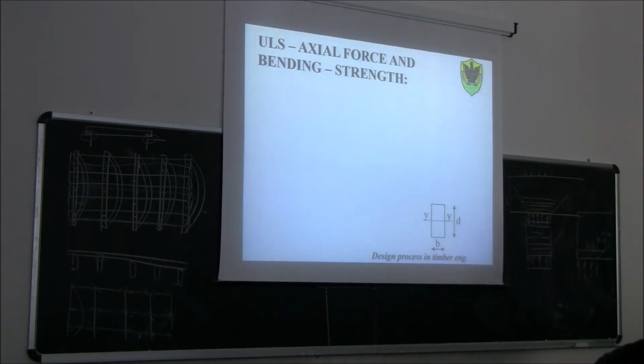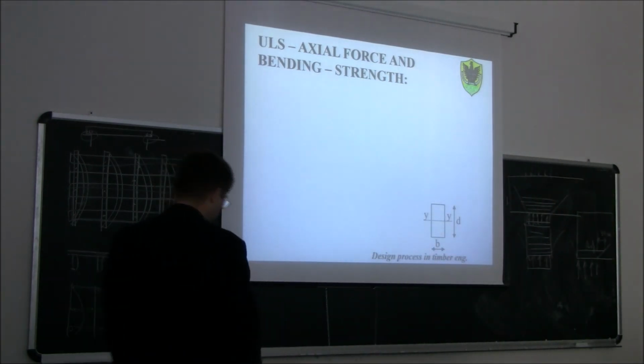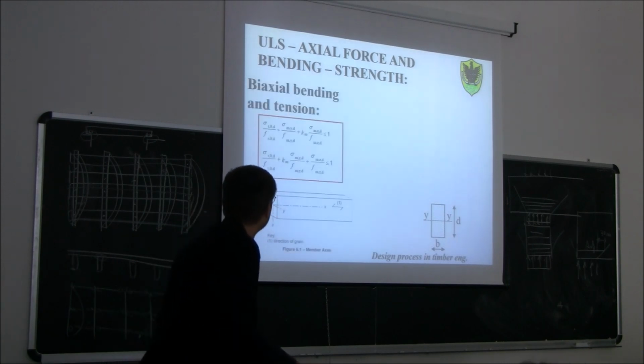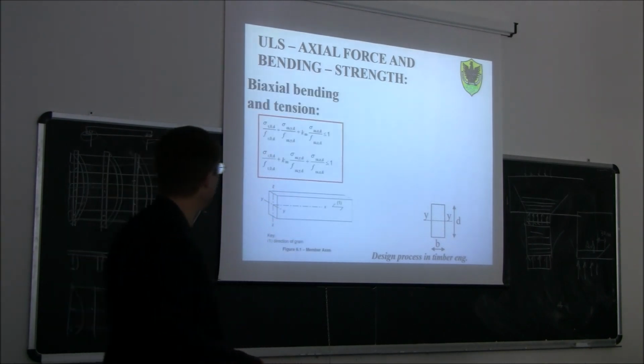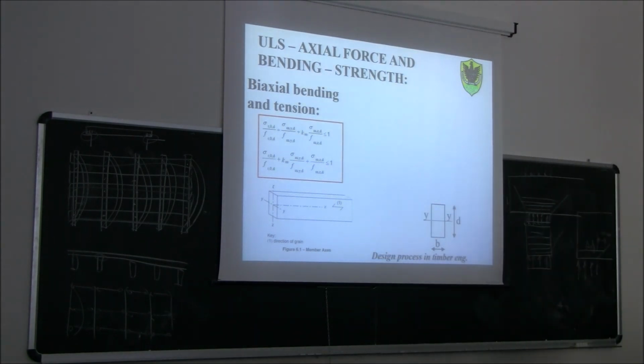And then we have another case, which is the ultimate limit state of axial force and bending. So coupled axial force and bending, presoflessione o tensoflessione in Italian. If we have biaxial bending and tension, we basically extend the formulas that we saw before for biaxial bending.